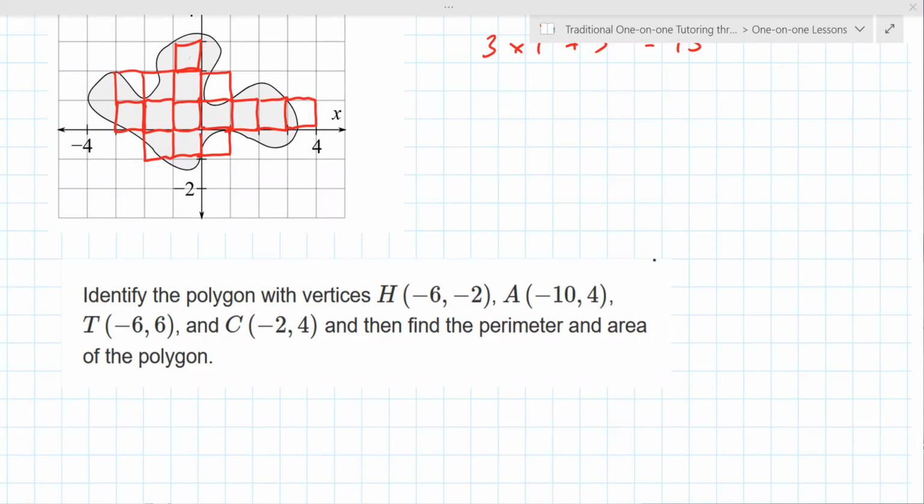And then -10 comma 4, label that an A. -6 comma 6, label that a T. And then -2 comma 4, label that a C.